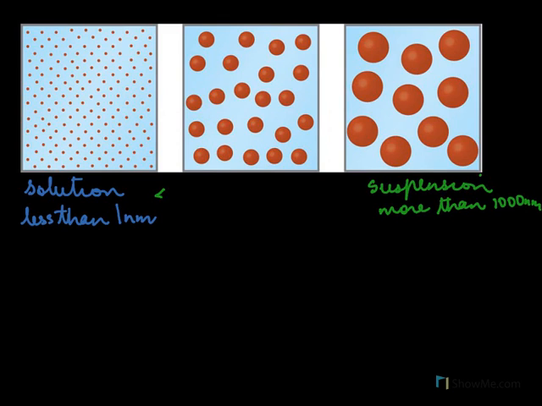And between these two, we have the colloids. And by now you would have guessed the particle size in colloids is between 1 nanometer and 1,000 nanometers. So colloids are mixtures where the particle size lies between that of a solution and that of a suspension.